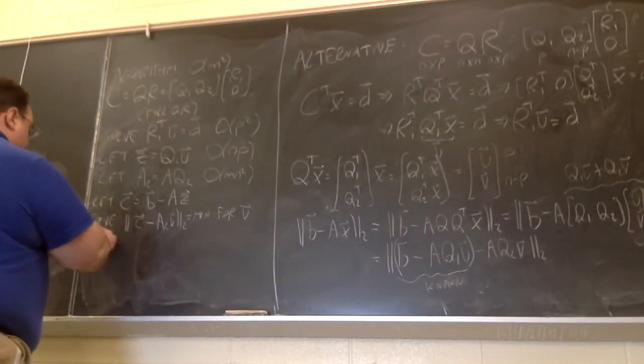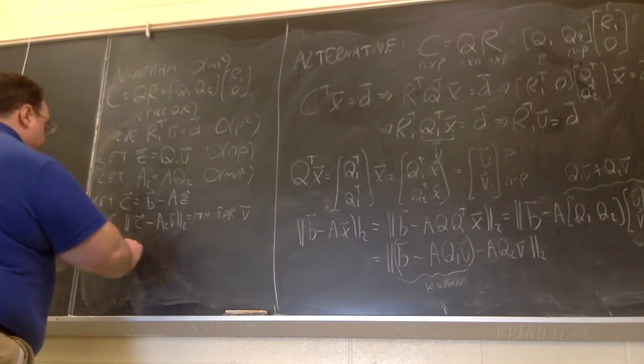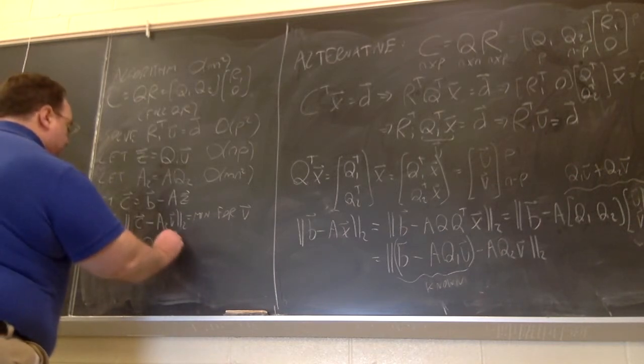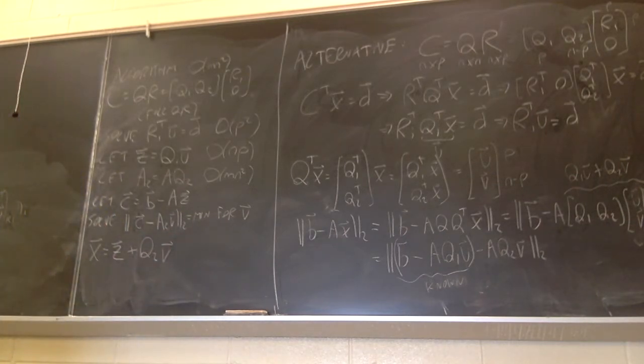So X is equal to Z plus Q2V, and yep, thankfully that agrees with what's in my notes. Okay, so that's just a simple matrix vector multiplication, so it's quite cheap.